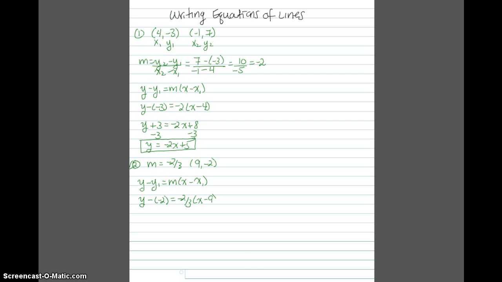Also be careful that you may have some double negatives like we do here. So that becomes y plus 2 equals -2/3 x plus, and that gives me a positive 6 when I multiply -2/3 by -9. Once again, solving for y, we get y equals -2/3 x plus 4. Notice that the slope has stayed the same, -2/3.